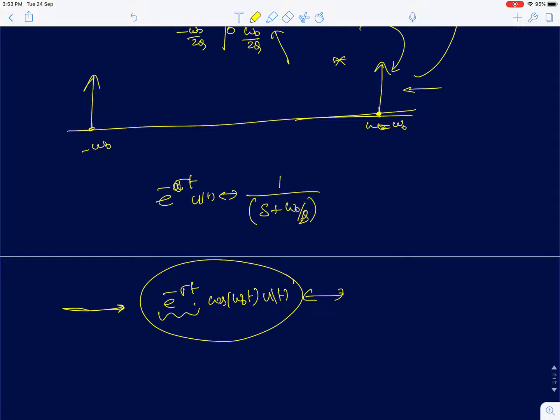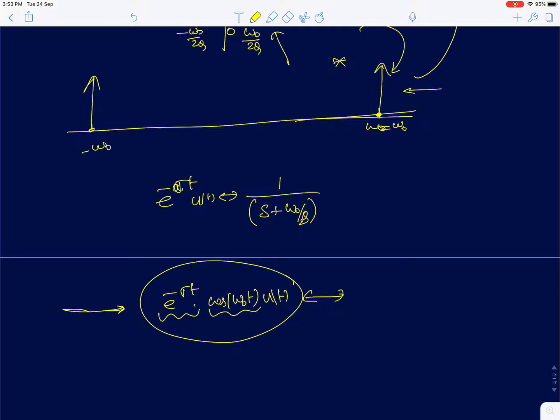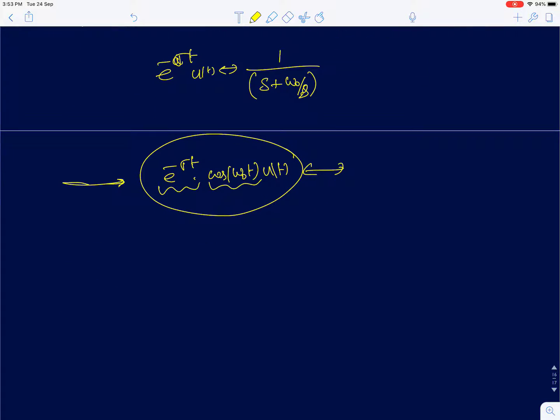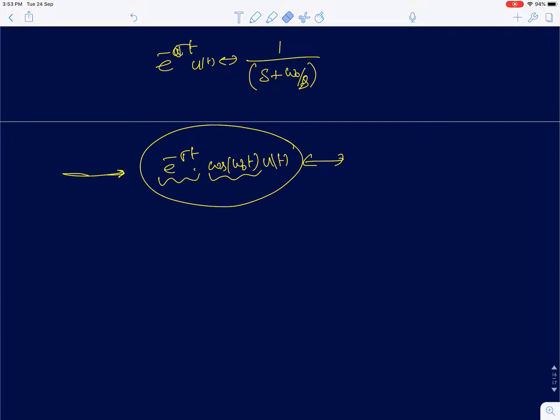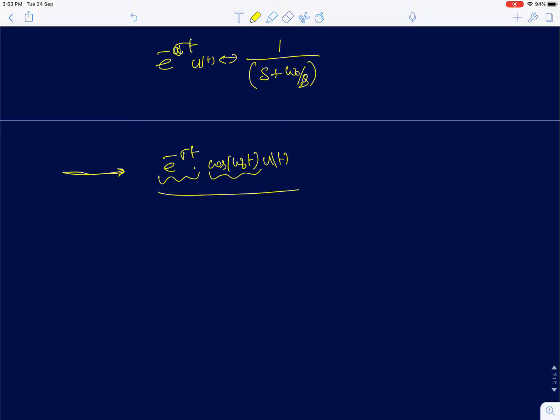So this is the impulse response of a low pass filter, and if I frequency translate it, it becomes a band pass filter. Okay. I'm using the word filter, but by now you understand what it is. So yeah, this is the band pass response of a parallel RLC circuit in the time domain. Okay.